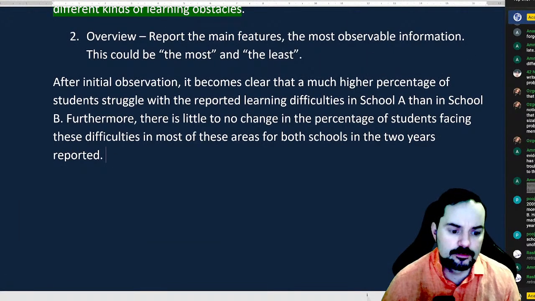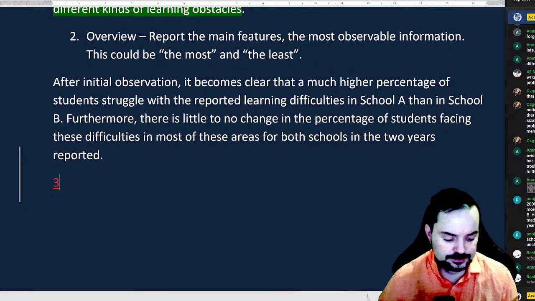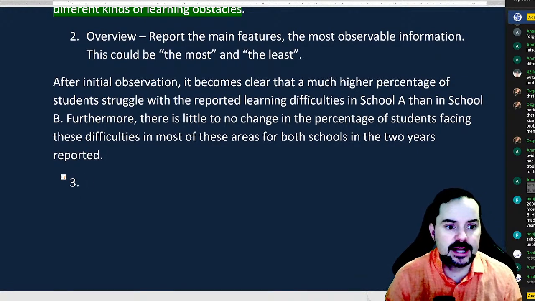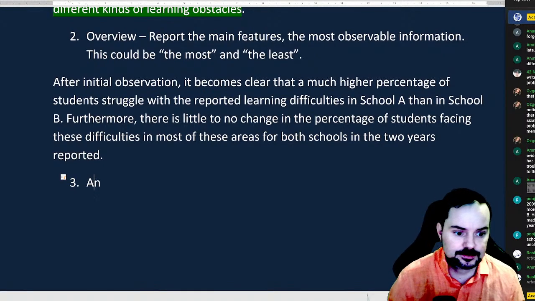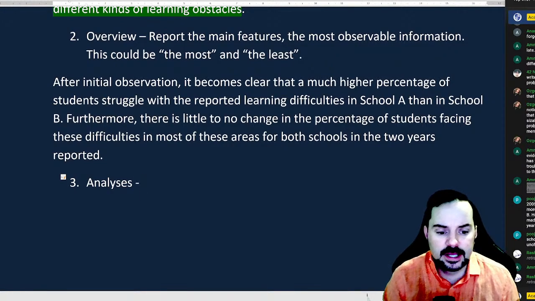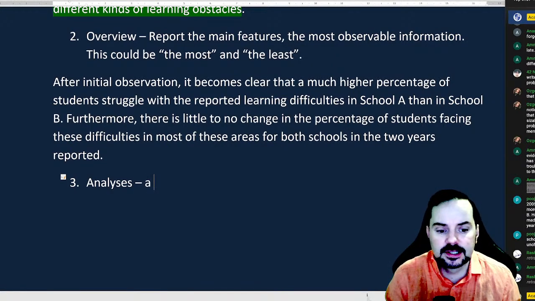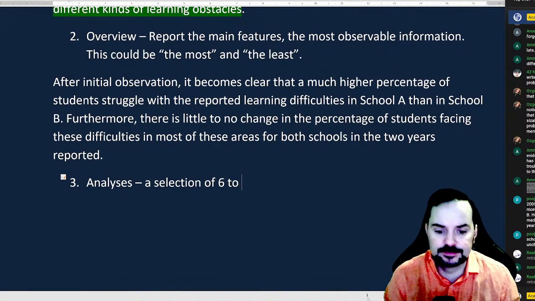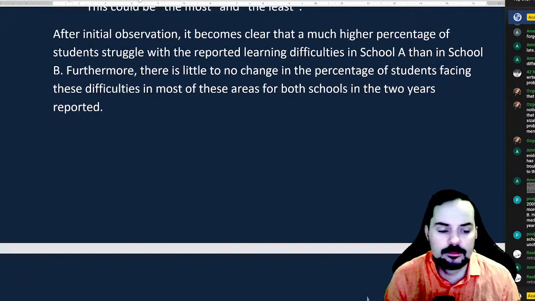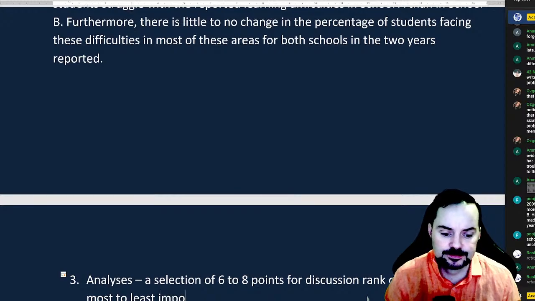So let me make a note for you here for the analysis, okay? So the analysis, or analyses, plural, is a selection of 6 to 8 points for discussion, rank ordered from most to least important.